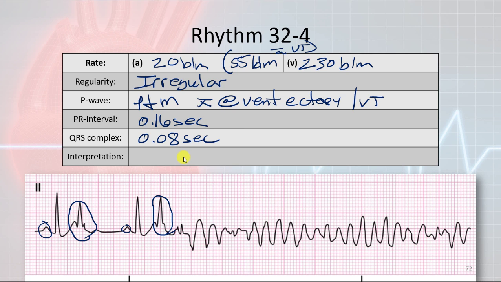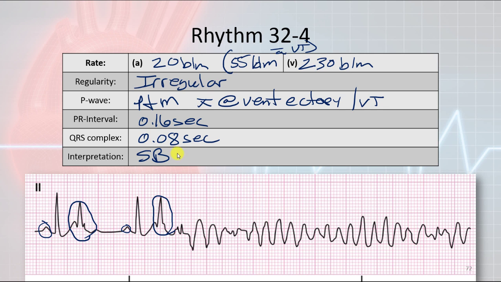The difficult part is how do you interpret this rhythm? Because there's a lot going on in this rhythm here. The underlying rhythm looks to be about a sinus bradycardia. Even if I use this right here as what happened before the VTach, I'm still at about a 55 heart rate.